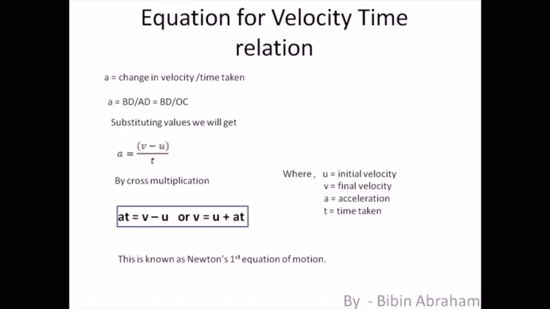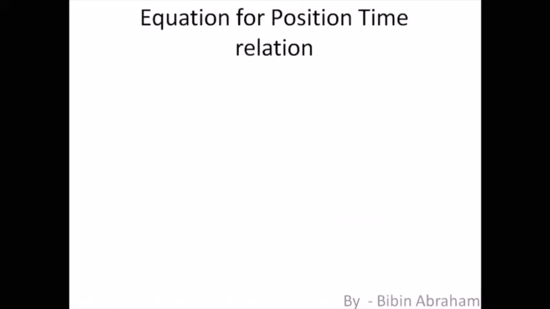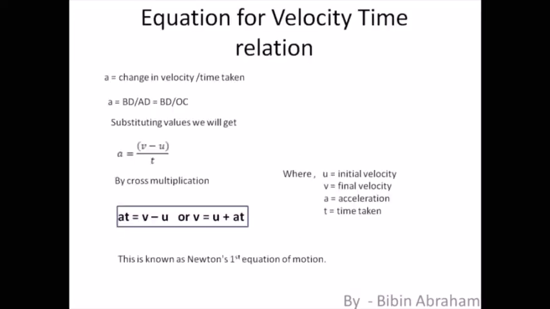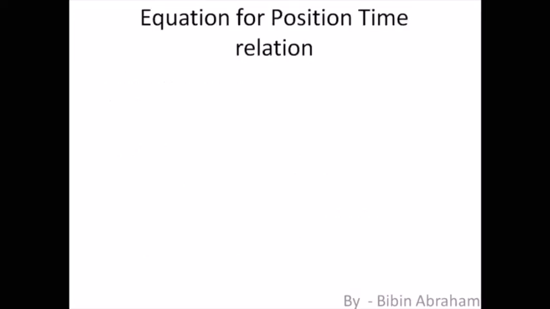All right, let's move to the next topic. That was the first relation, the relation between velocity and time, right? Now the next relation will be position and time. Here we will link the position and time. Let's say Ramu has traveled a distance of s in time t.